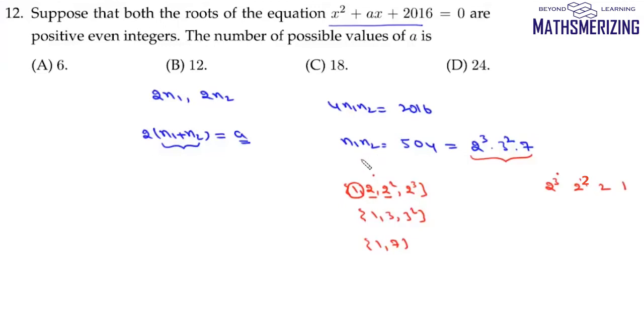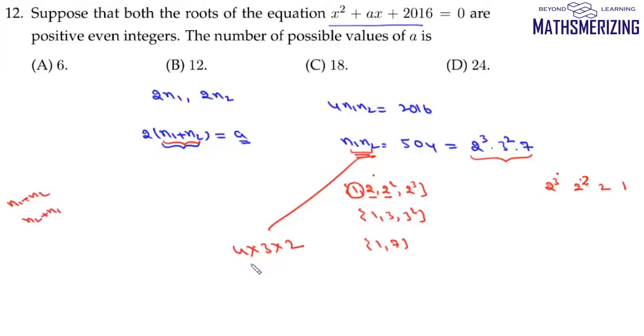Now the total number of ways in which we have two numbers n1 and n2 such that their product is 2 cube 3 square into 7 is 4 into 3 into 2. Now we are not interested in distinct values of n1 and n2. What we are interested in is distinct values of n1 plus n2. So we have to eliminate all the cases where the value of n1 plus n2 is the same as the value of n2 plus n1.